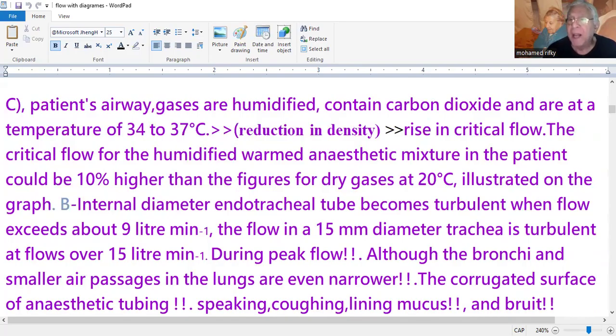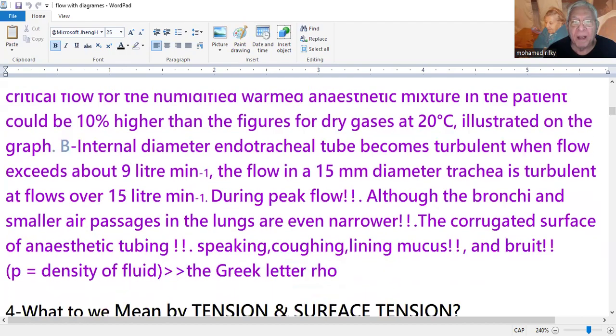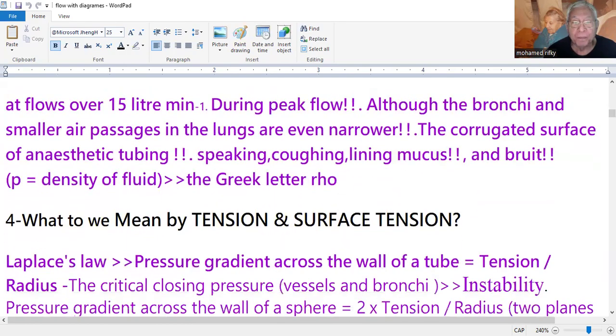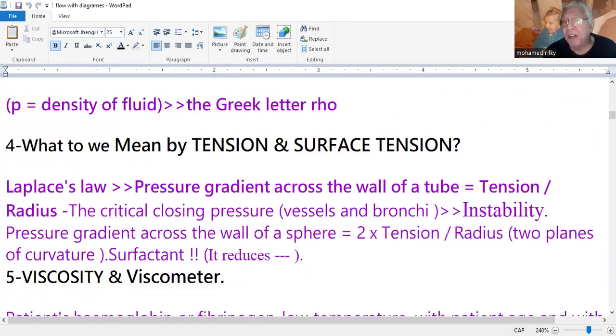If I use the 22 millimeter tubing of anesthetic circuits or the 30 millimeter scavenging system, all these are correlated to the flow. So whenever I want to have a laminar flow, this flow ought to be correlated to the size of the tube.